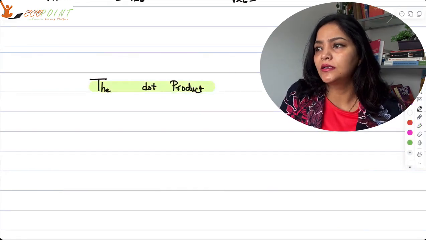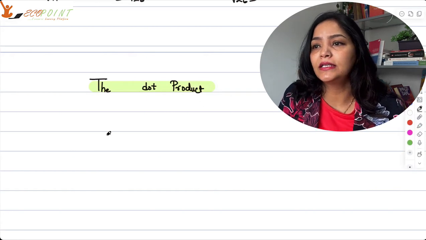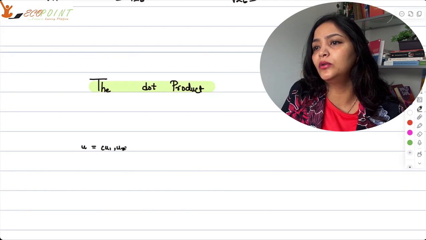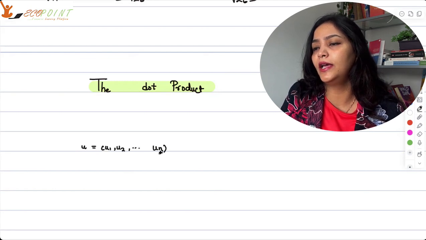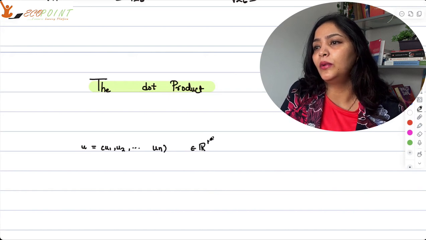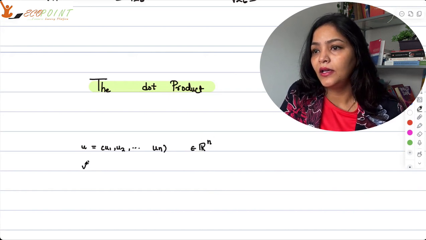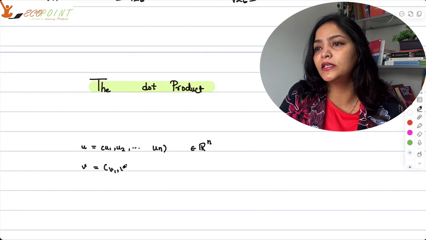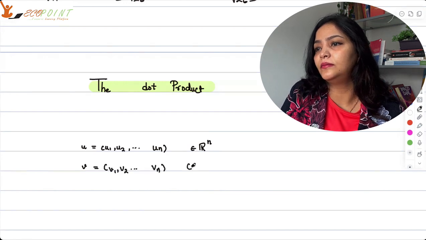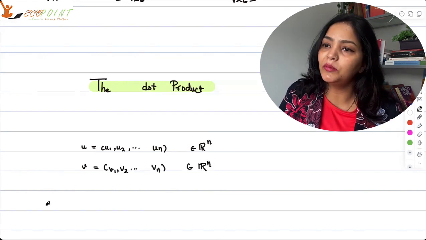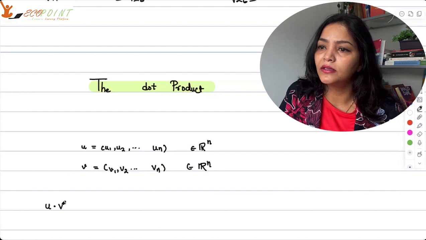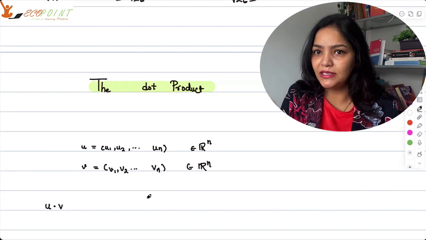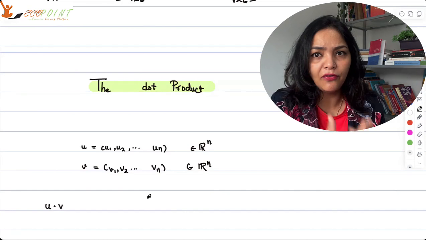So dot product, many of you even know that if you take two vectors, say u, which is u1, u2, so on and so forth till un, which is a vector in Rn, and v, say, which is also a vector in Rn, then we are able to define a product u dot v, which essentially means that you are multiplying these column vectors, but there is a specific formula.